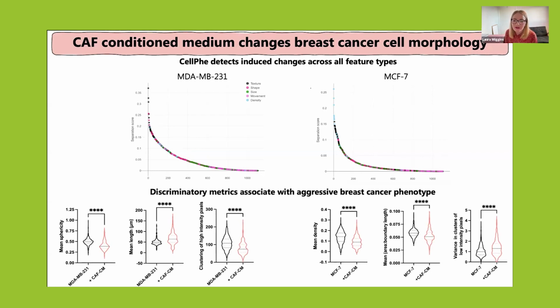And we also noticed that they fluctuated a lot more in their adherence as they were able to contract and protrude, as they were able to move around more, so increased migration too. So all of these metrics were associated with an increase in the aggression of the breast cancer cell phenotype. That was just induced by treating with CAF-conditioned medium.